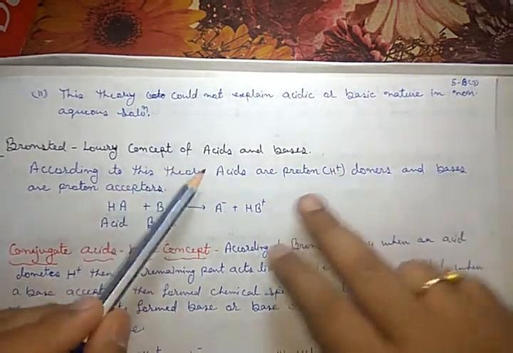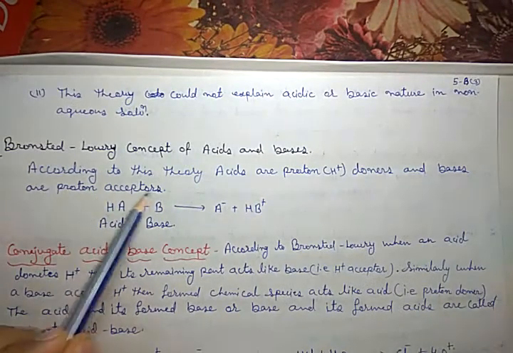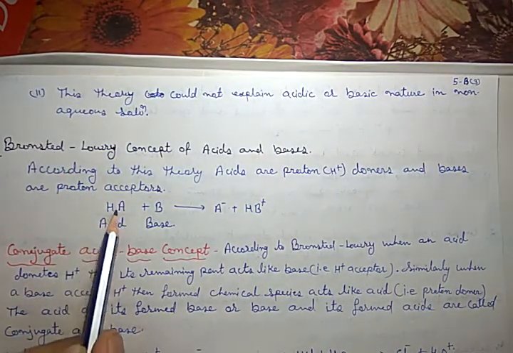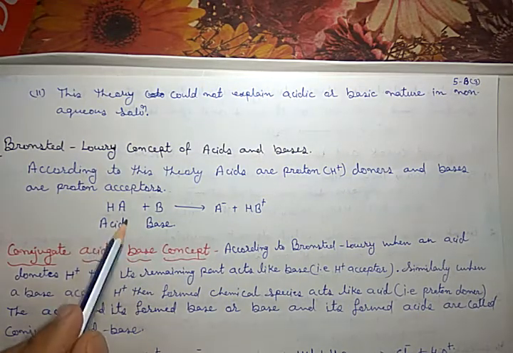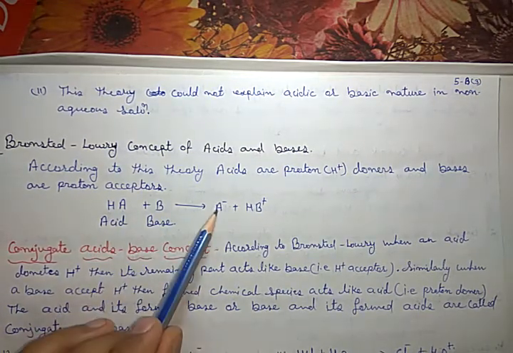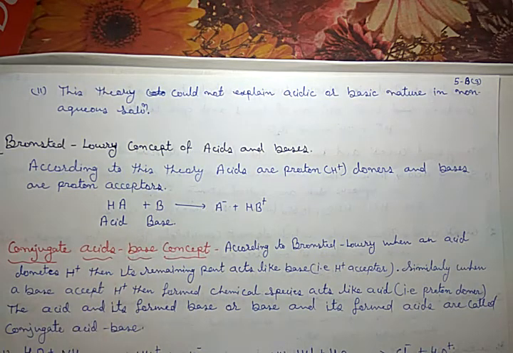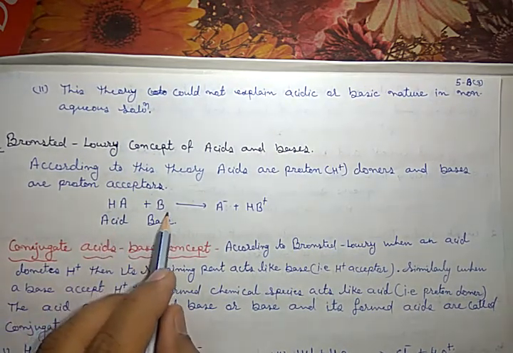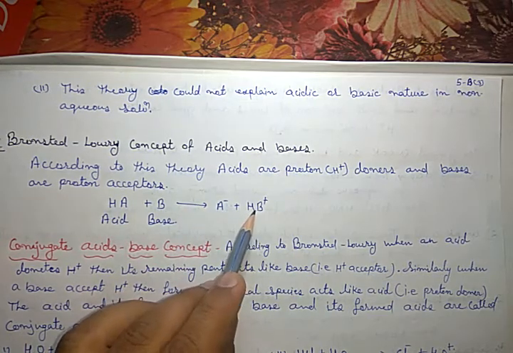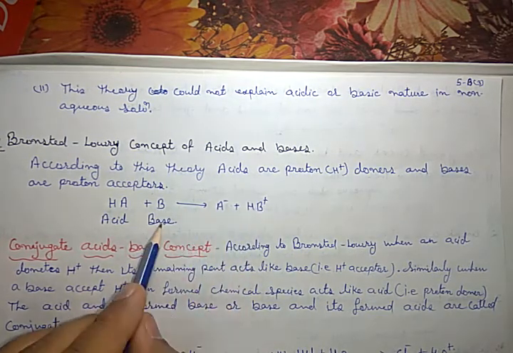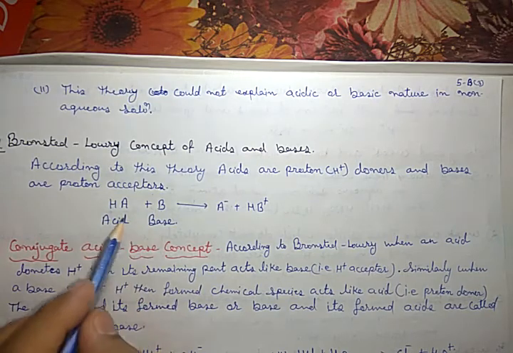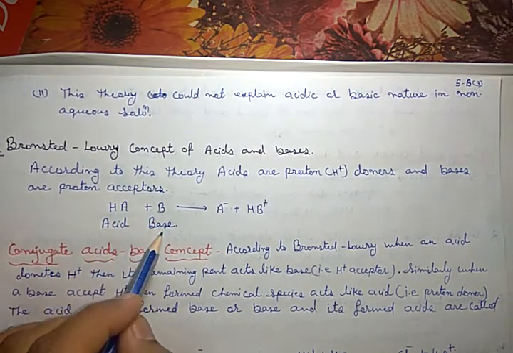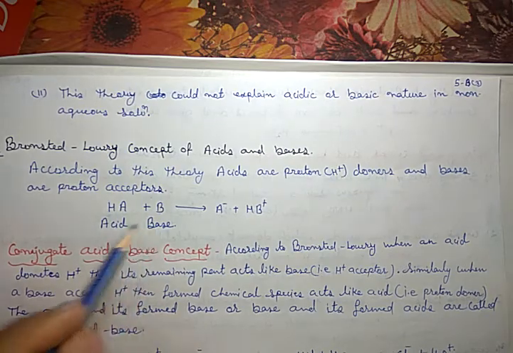For example, HA plus B. After the reaction, HA converts into A negative, so it releases H plus ion and works as an acid. After the reaction, B converts into HB plus, so it receives H plus ion and acts as a base.